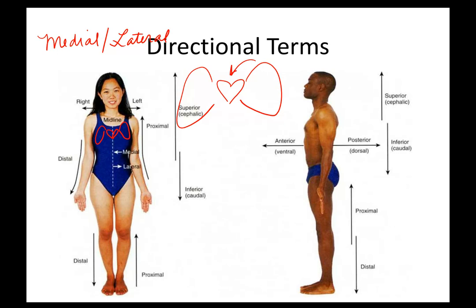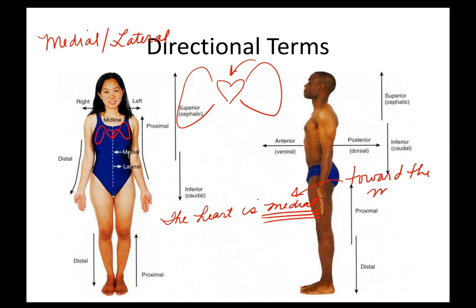So if I were to describe that, I would say the heart is medial, this word, toward the middle, compared to the lungs. So the heart is medial compared to the lungs because instead of going out to the sides, it's toward the middle. Okay?